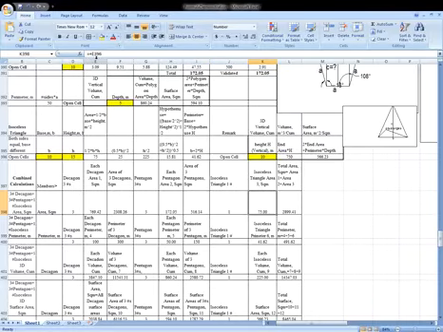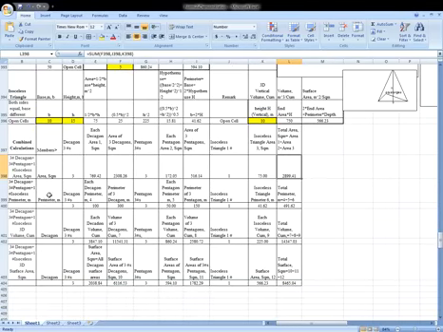Then we add this plus this, 398. So we get the total area.